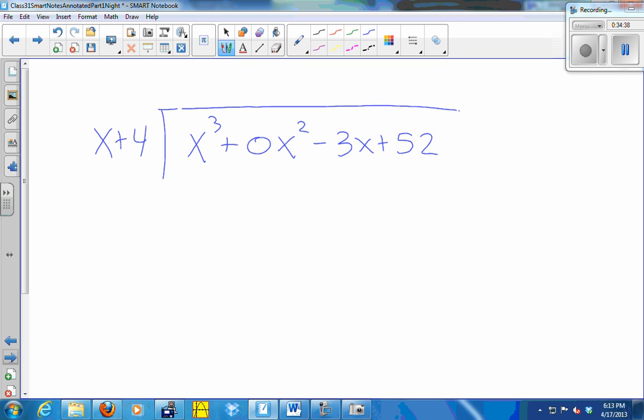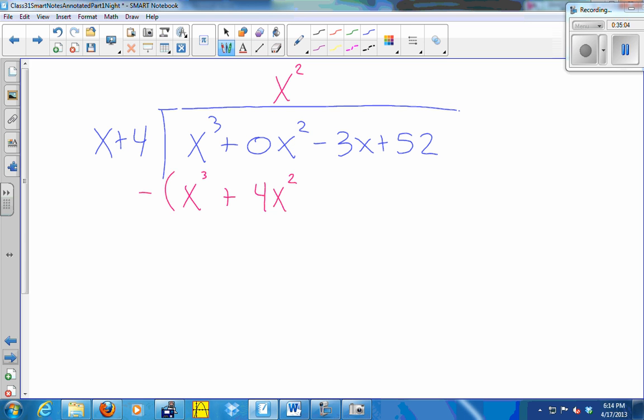All right, so remember, you ask yourself, what do you multiply x by to get x cubed? X squared. So we put that over the x squared column. And then you multiply x squared times x plus 4. And you distribute it. X squared times x gives you x cubed. x squared times 4 is 4x squared.